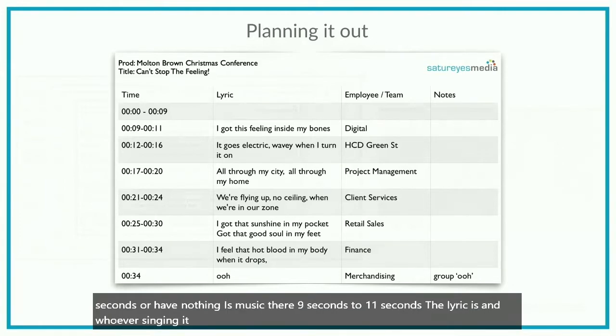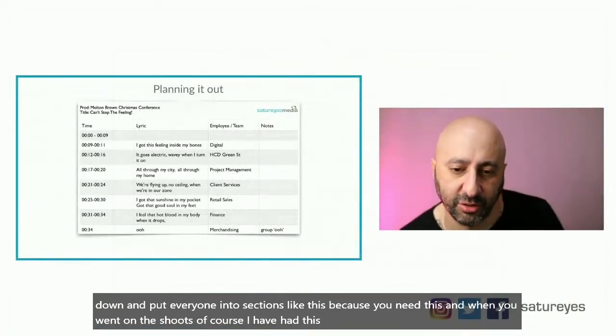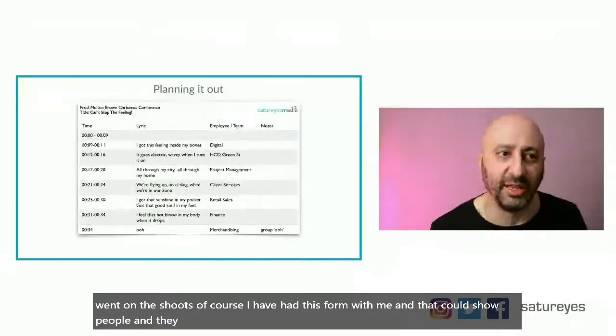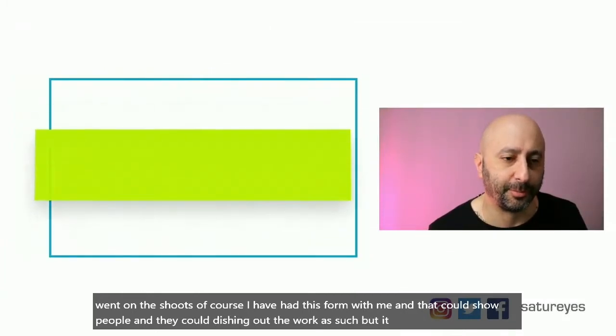I went through the whole song and broke it all down and put everyone into sections like this, because you need this. And when I went on the shoots, of course, I had this form with me, and I could show people, and they could divvy out the work as such. But organisation is absolutely key to all of this.